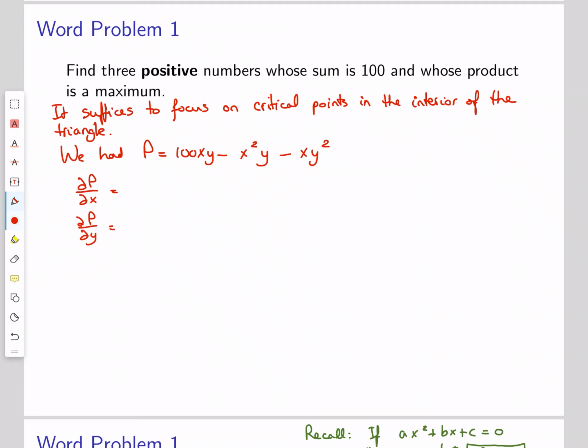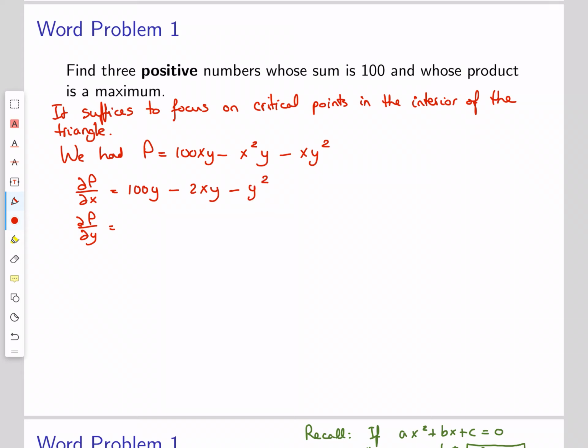And to find the critical points, first thing we have to do is find some first derivatives. So that p dx is equal to 100y, minus the derivative of x squared times y with respect to x, which is 2xy, and the derivative of xy squared is y squared.